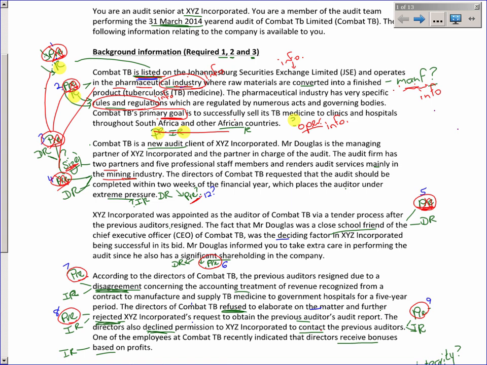The directors of Combat requested that the audit should be completed within 2 weeks of the financial year, which places the auditor under extreme pressure. Is there anything here that gives us an indication about the entity and its environment that we would need to be aware of? I would say yes. It's a little indirect, if you will, but the fact that the audit needs to be completed within 2 weeks of the financial year gives us information about their deadlines.